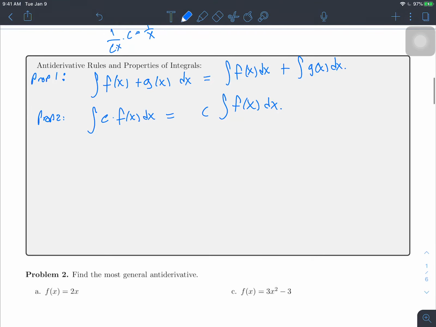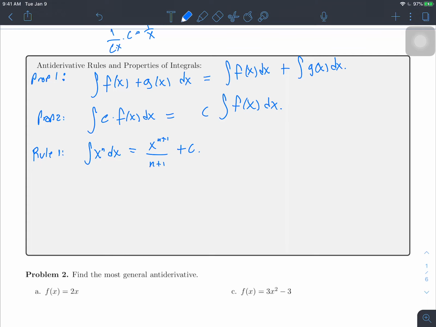Okay, and then we'll do rules. Rule 1. There's no particular ordering to these numbers. The integral of x to the n dx is equal to x to the n plus 1 over n plus 1 plus c.